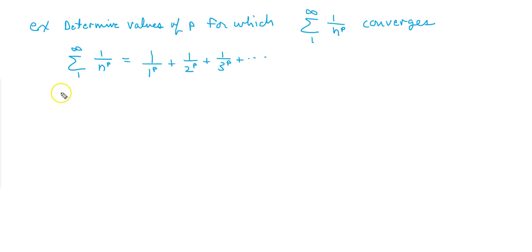Alright, so what we're going to do is invoke the integral test, and let's consider this result that we had previously back in chapter 8. If you recall, we had this result.